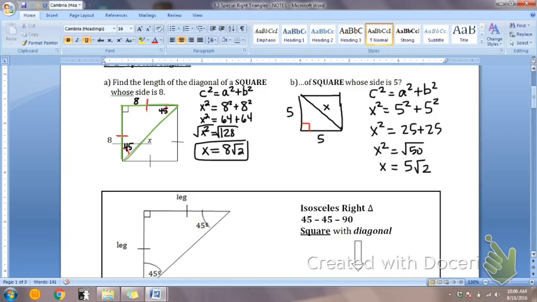Okay, so let's look at these two problems that we just did. Do you see a pattern between these two answers? Does anyone see a pattern? Okay, 2 is always inside the radical. What else? Where does that other number come from?